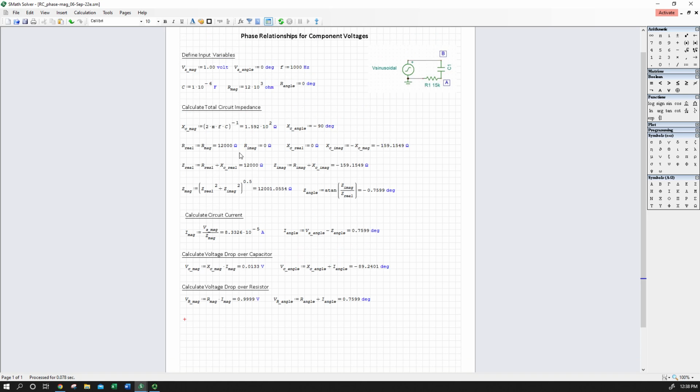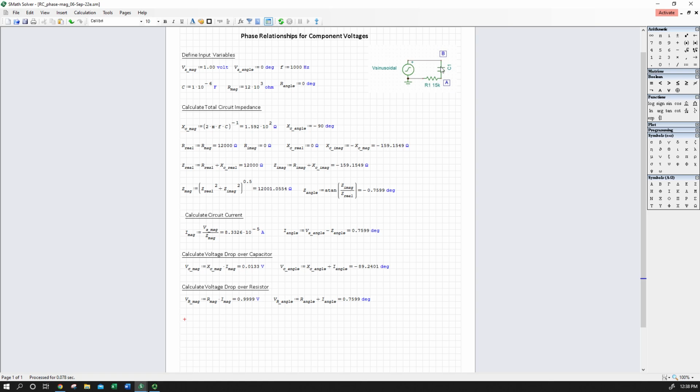Whatever voltage we drop over the capacitor and the resistor put together should equal what we put in with the source, because we start at ground, 0 volts at some reference angle, and we raise the voltage, adding energy with a particular magnitude and phase with our voltage source.